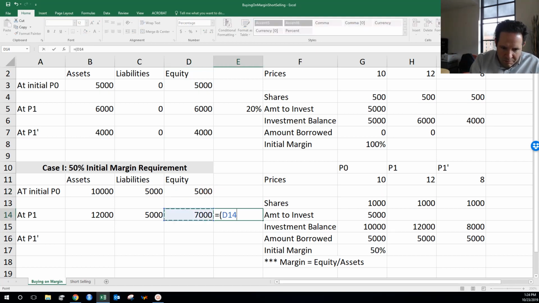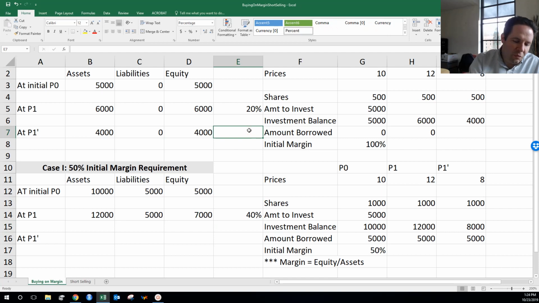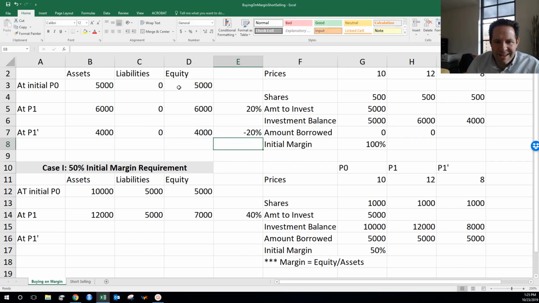So let's compute the percentage return. We get $2,000 of capital gain on a $5,000 investment. That's a 40% increase. Now, recall what we had before in the position without leverage, where we had another situation where we could have had a loss, and that was symmetric.